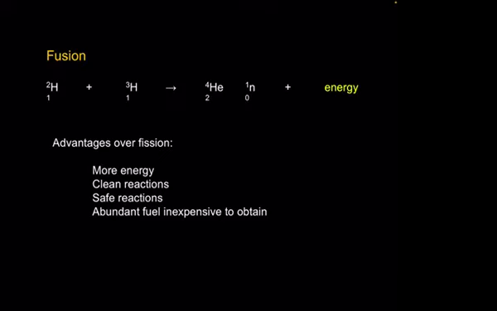Reactions are fairly safe in that it doesn't have the potential to get away the way a nuclear fission reaction does. Because basically, if anything goes wrong, the plasma is going to shut down. It's not like it feeds itself and you can get into that reaction running out of control. Because with fission, you realize if you don't absorb enough neutrons, it's turning into literally like a bomb, right?